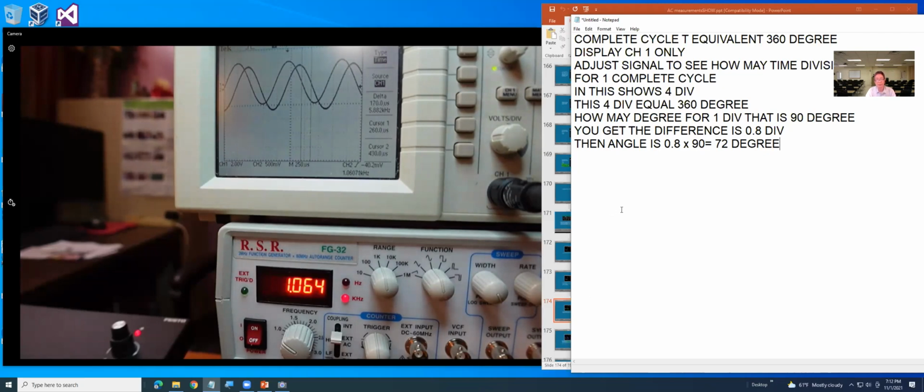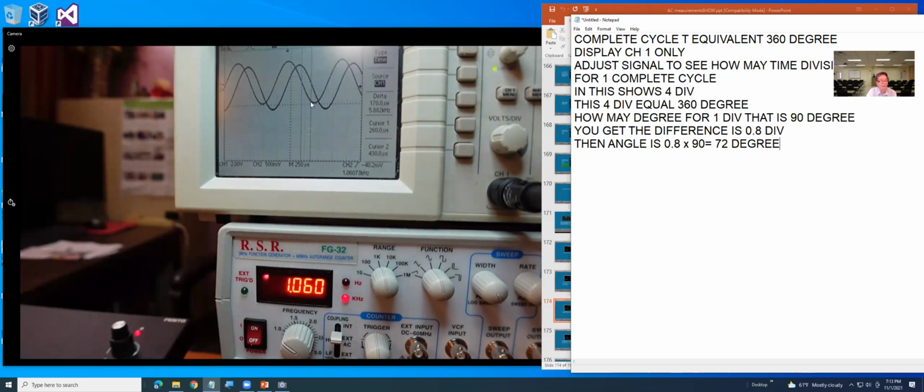And in order to measure the phase angle, let me repeat it. First thing, you display only one channel, and make sure you see how many divisions per cycle for one channel. That will be equal to 360 degrees. In this example, you get 4 divisions.